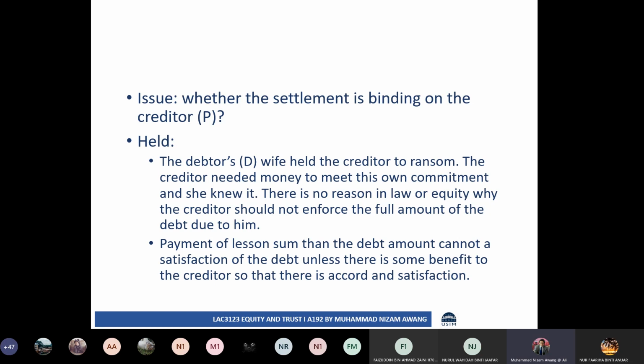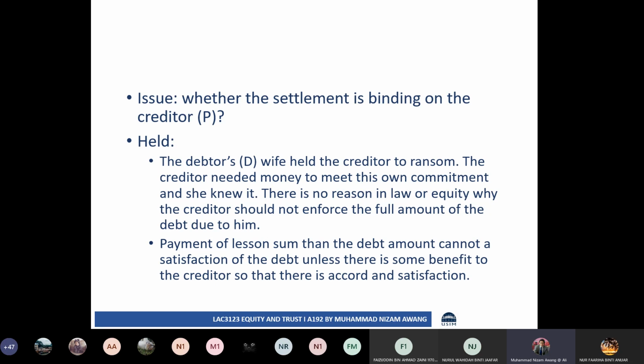So the issue in this case was whether, when the plaintiff accepted £300, the remaining £180 can be written off. Meaning, if the settlement is binding, the defendant did not need to pay the remaining balance.